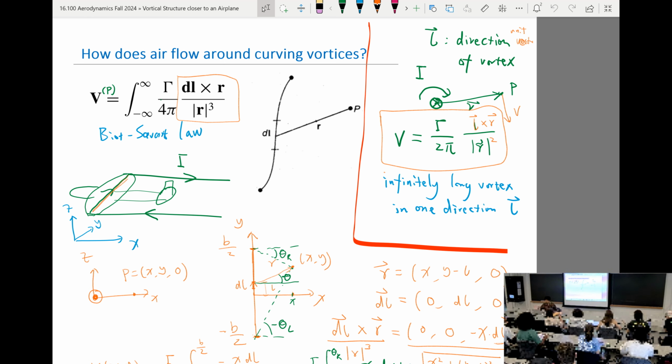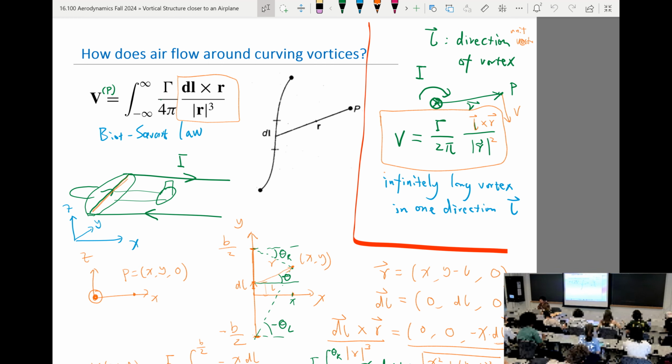Imagine that there is a vortex rotating in this direction. Using the right-hand rule, the vortex would be going into the board. So this is going to be the direction of the vortex. Let's use L as the direction of the vortex.